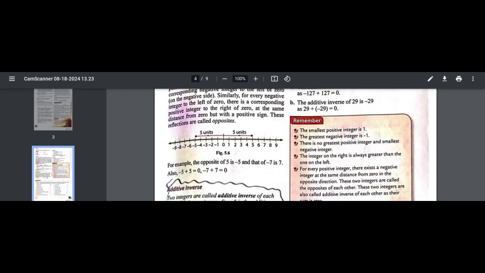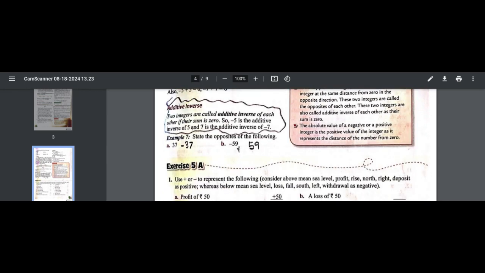Done? Yes, ma'am. Now we have to do 10, 11, 12, 13 and 14 in the next class. What did we learn today, Aryan? Maybe we learned the integers and the additive inverse. Okay. Then addition, additive inverse, absolute value of an integer, and opposites as well, and also exercise 5A.